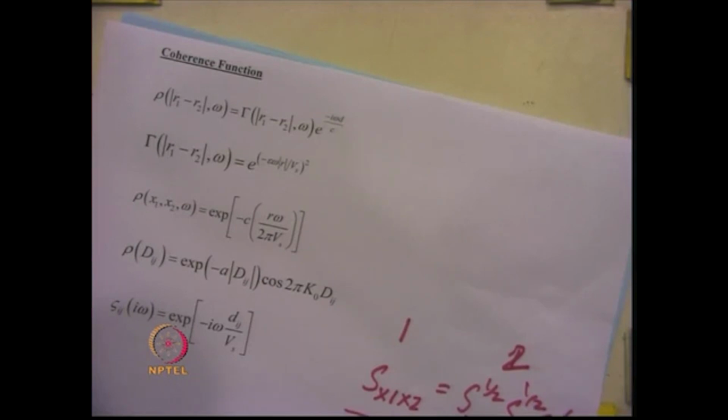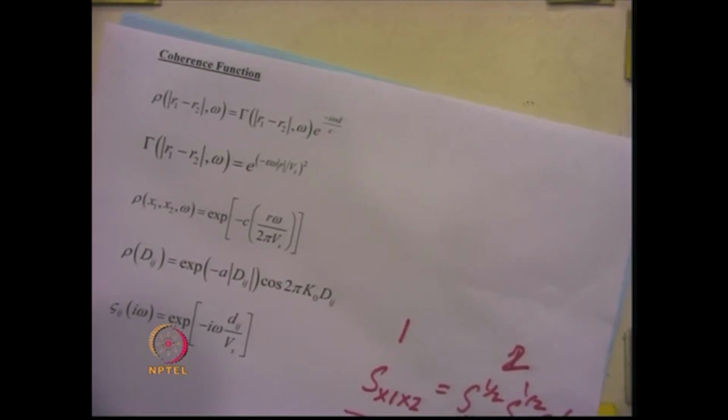Sx1 and Sx2 are the power spectral density functions of the ground motion, maybe the power spectral density function of acceleration at these 2 points, and for a homogeneous field we generally assume that the power spectral density function of ground acceleration at these 2 points is the same. As a result of that, one can write down the cross power spectral density function as Sx times this coherence function.